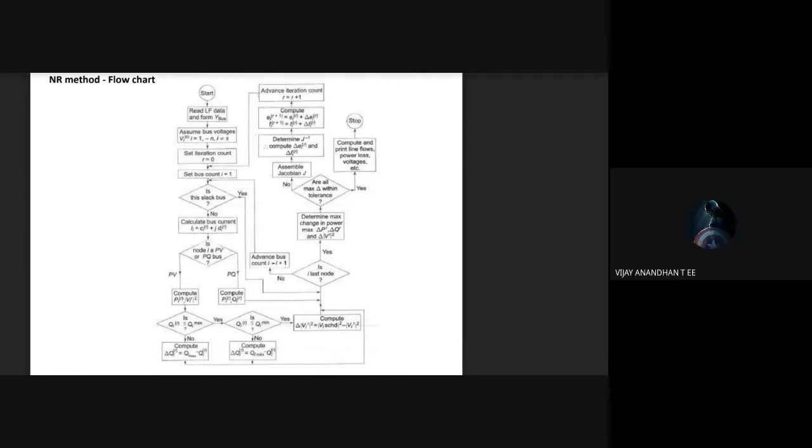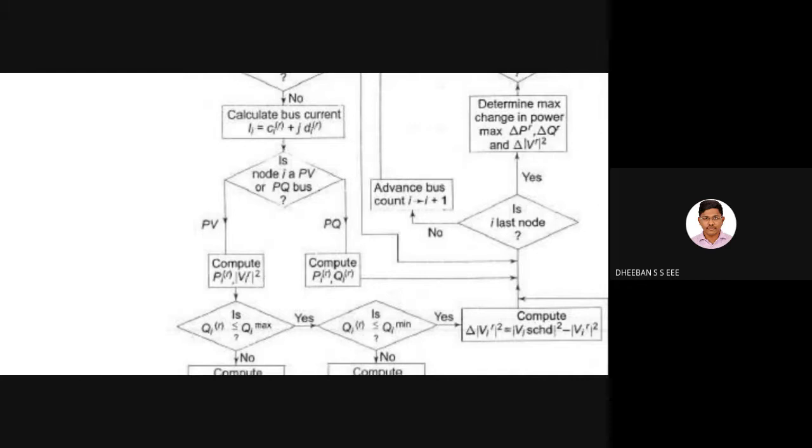Sir, in this one, they have given the "is last bus" node and the "advance bus" node. What does that depict? The advance bus is nothing but, for example, we started with bus 2. At this point we started with bus 2, and we checked whether bus 2 is a PV or PQ bus.